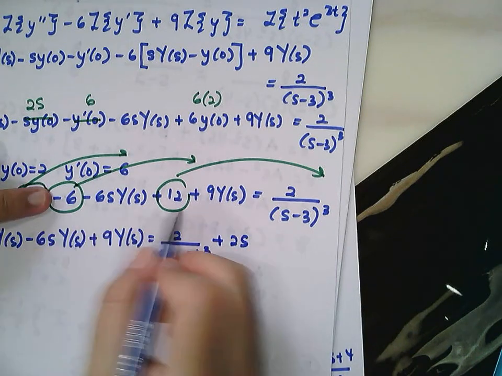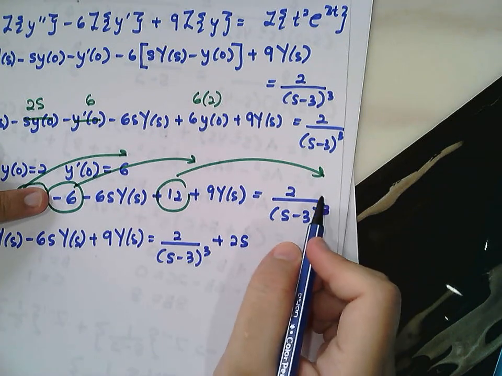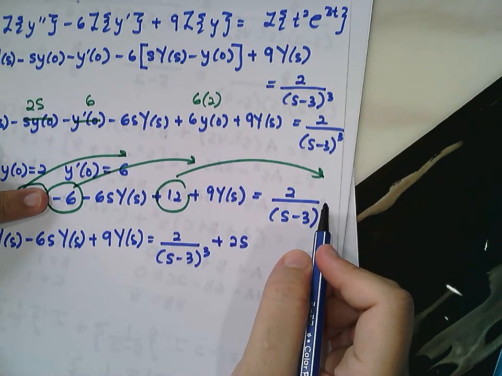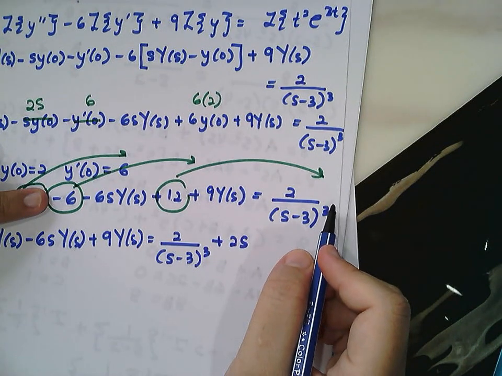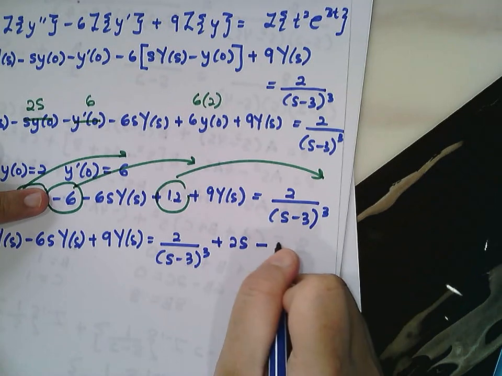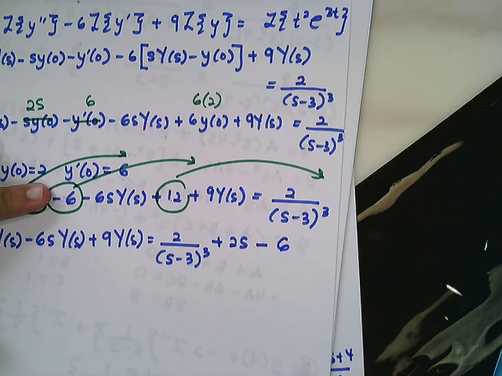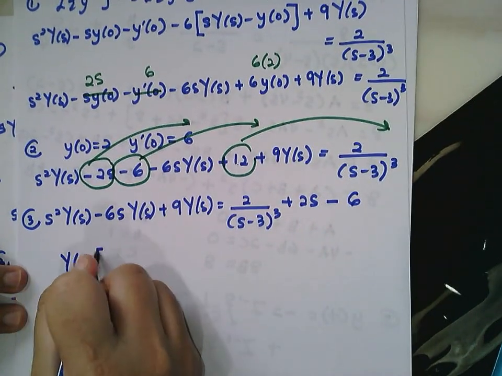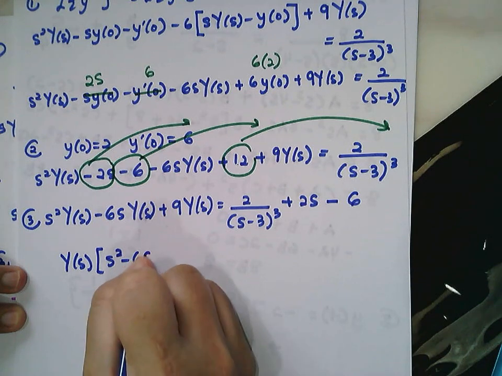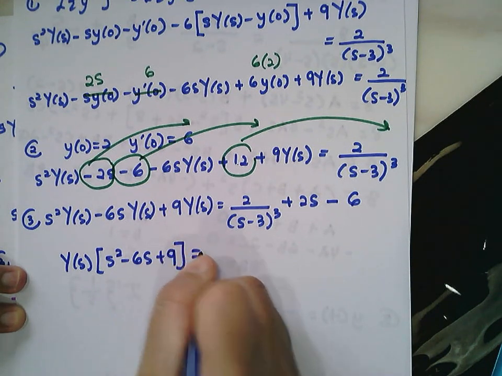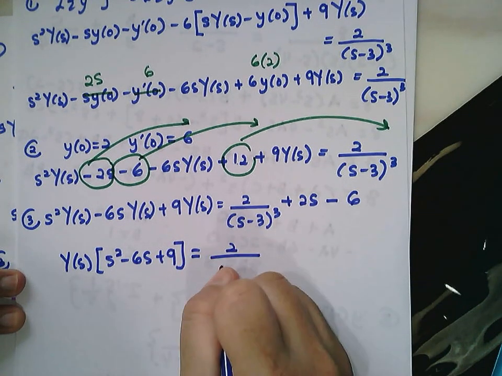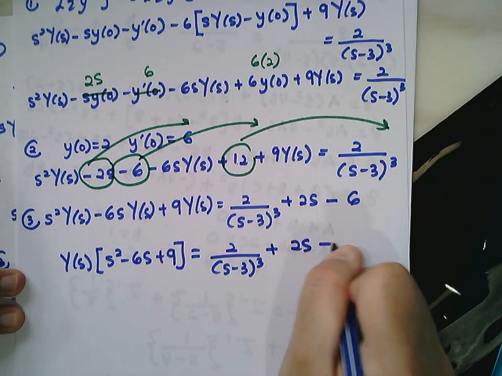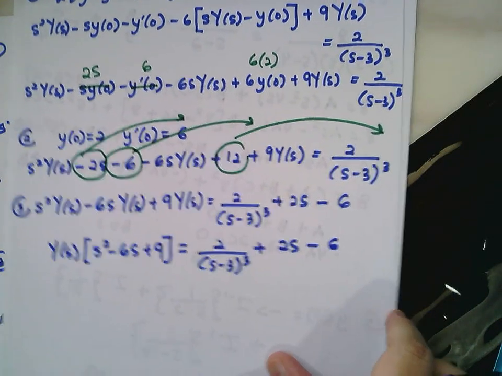Minus 6, so here you will have plus 6, minus 12 will be plus 12 will be minus 12. So minus 12 plus 6 will remain minus 6. Okay, so factorize your Y(s). s squared minus 6s plus 9 is equal to 2 over (s minus 3) cubed plus 2s minus 6.